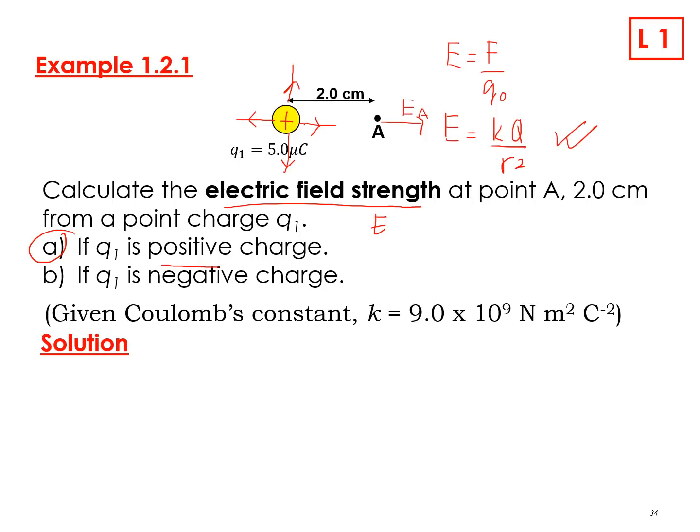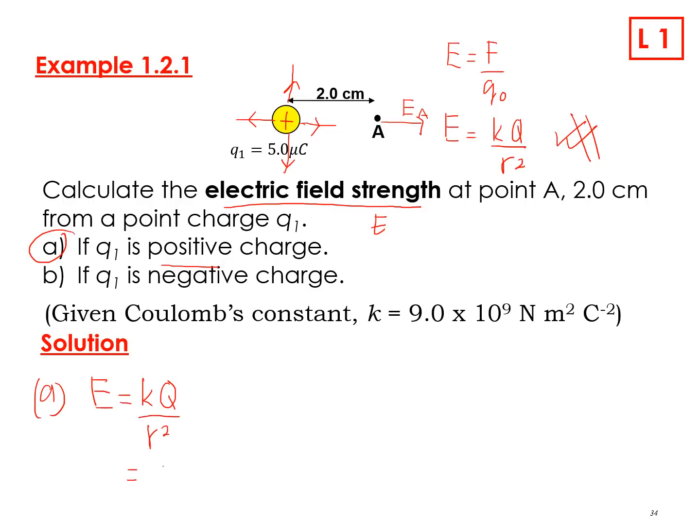Why do I ask you to determine the direction? Because electric field is a vector. You must have the magnitude. So how do we get the magnitude? Use this equation to calculate it. And the direction, I just showed you how to determine. So, formula E equal to K, Q. You can use capital Q or small q as long as you know that Q represents the magnitude of the point charge, not the sign.